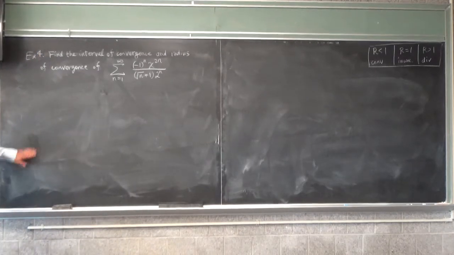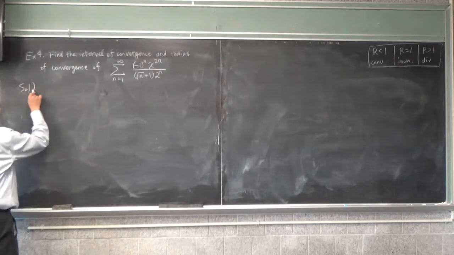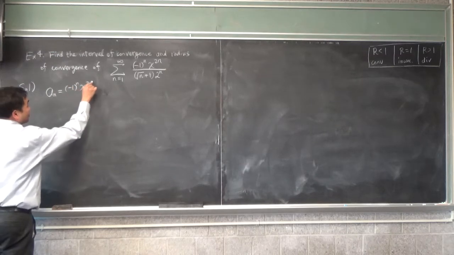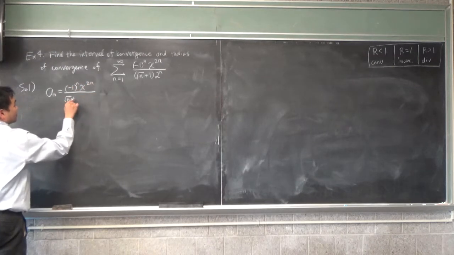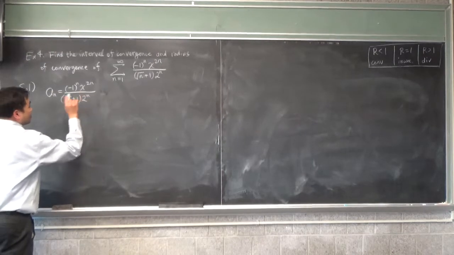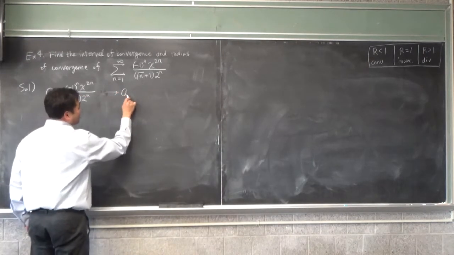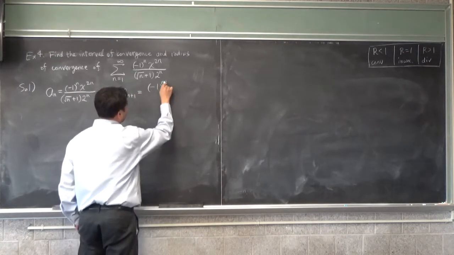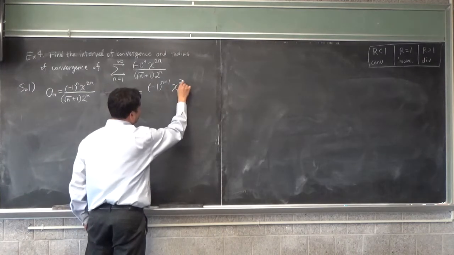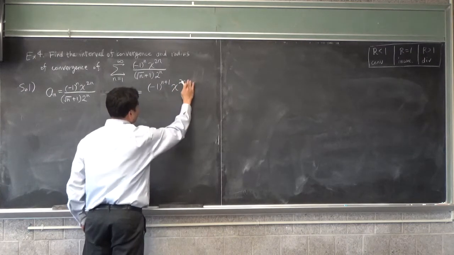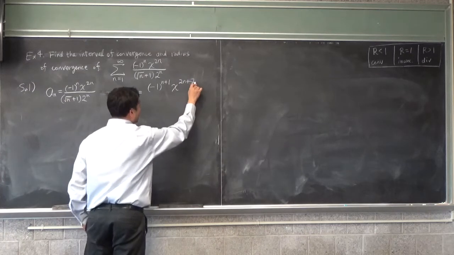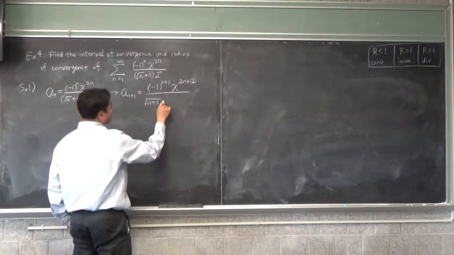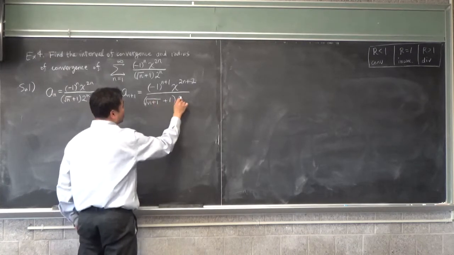And as always, we use the ratio test. A_n is what you're adding. Therefore, A_(n+1) is negative 1 to the n plus 1 power x to the 2n plus 2, and then square root of n plus 1 plus 1, 2 to the n plus 1.